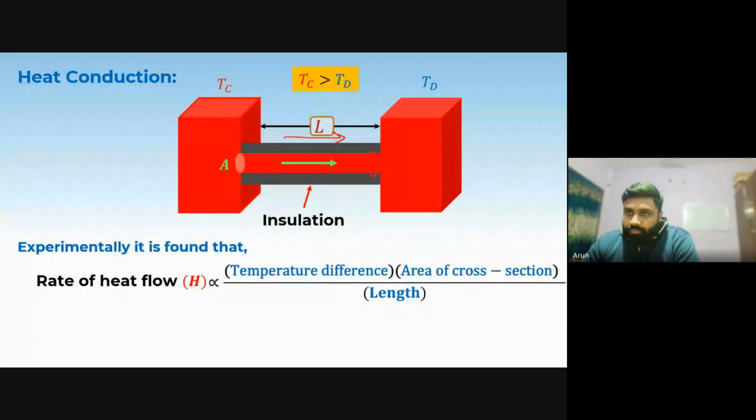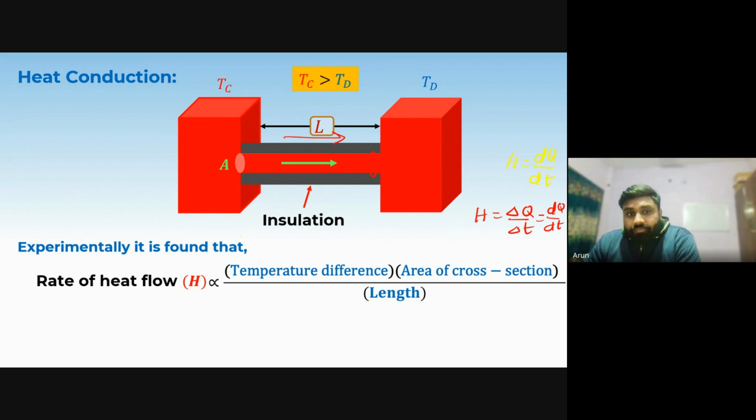So from that discussion, you can easily grasp now that the rate of heat flow H is nothing but dq by dt or delta Q by delta T. So H is delta Q by delta T, or for differential form, it is dq by dt.